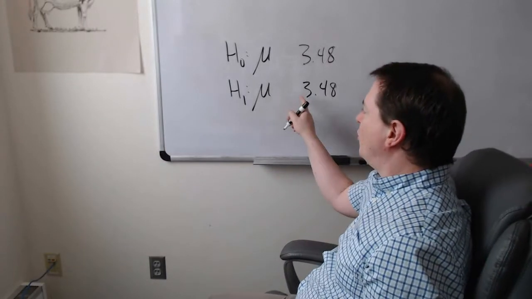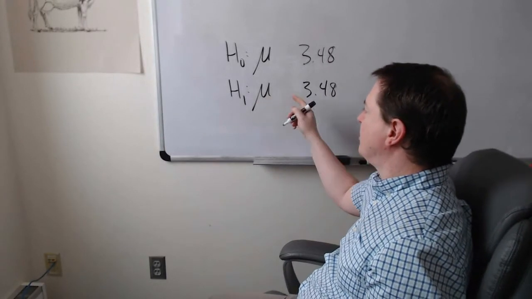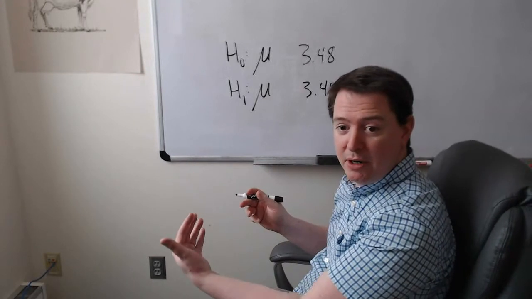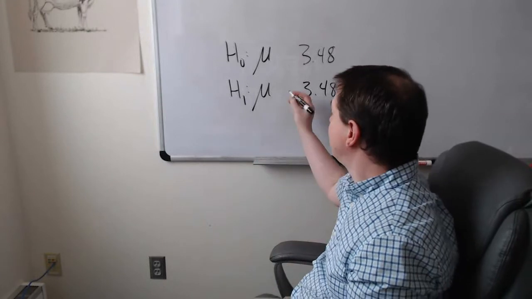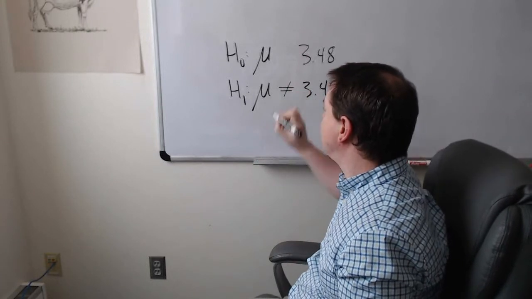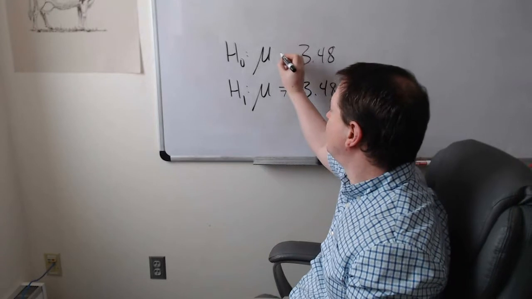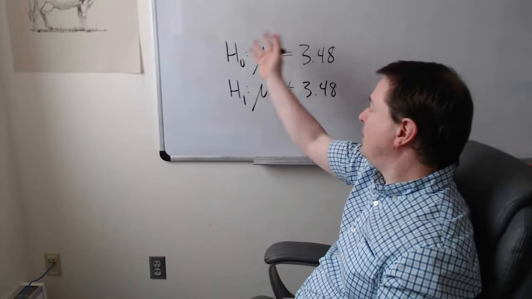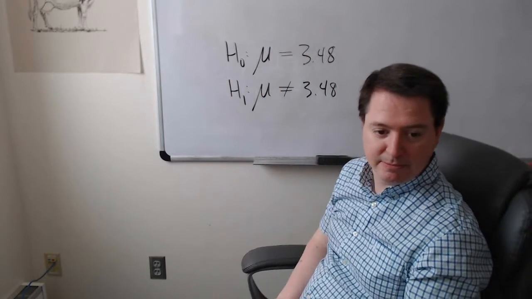Well, I said I can only support claims when they're in the alternative. And different, it could be less, it could be more, right? Either way would mean different. So that symbol that we want to use is doesn't equal. And remember, the null always has equal. So these would be my hypotheses for that situation.